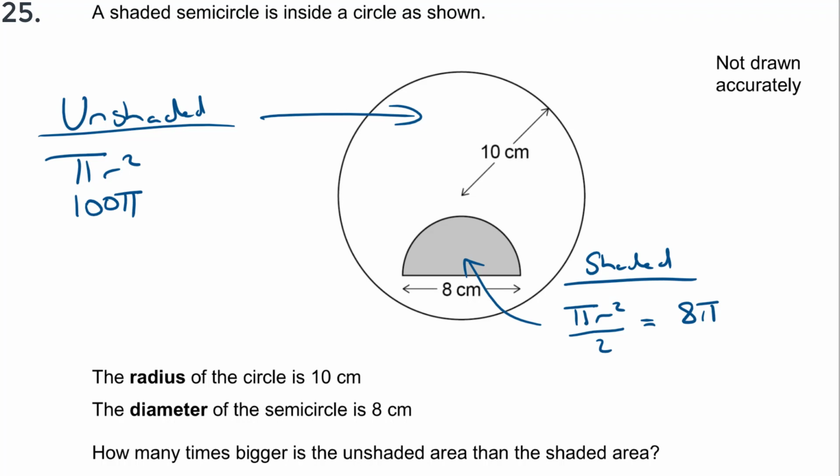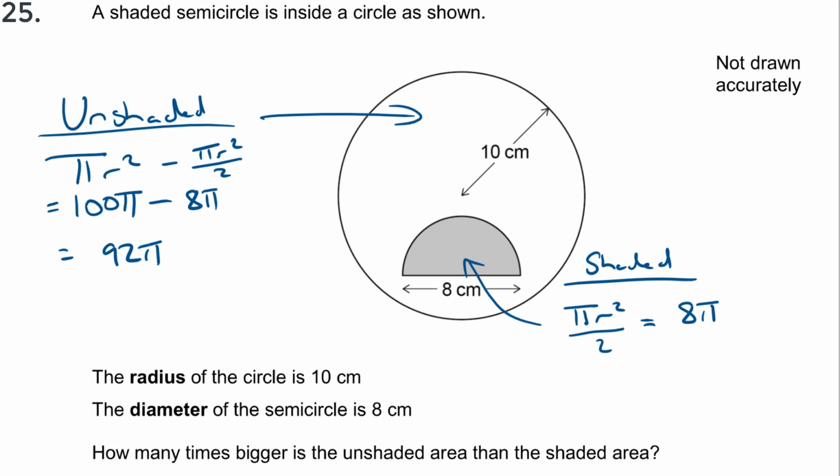We want the area of the unshaded part, not the area of the circle. So we need to take off that pi r squared over 2 that we had earlier. In other words, we need to take out the 8 pi. And 100 pi take away 8 pi is 92 pi.